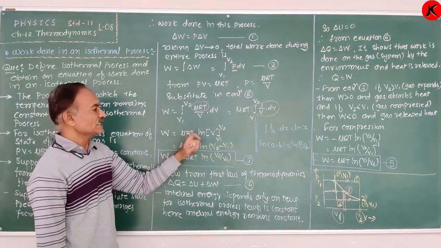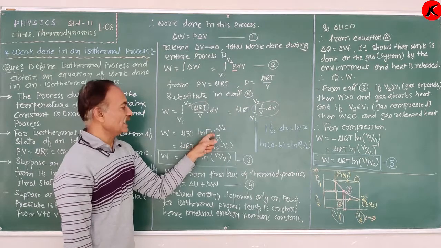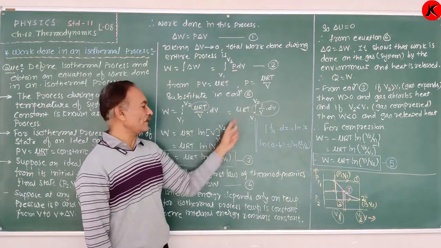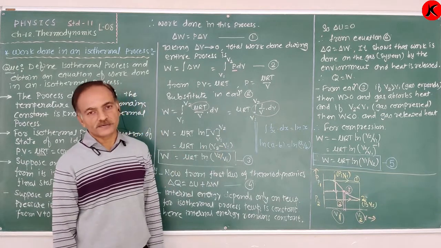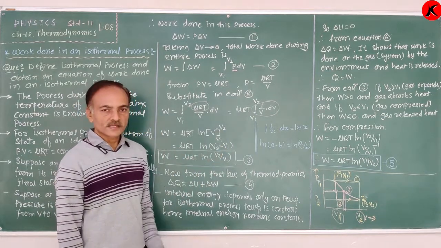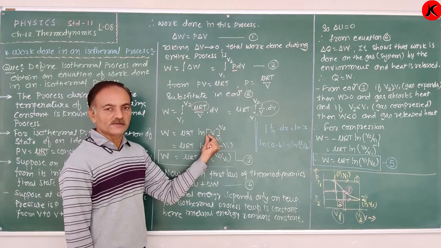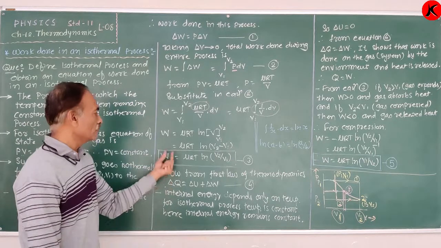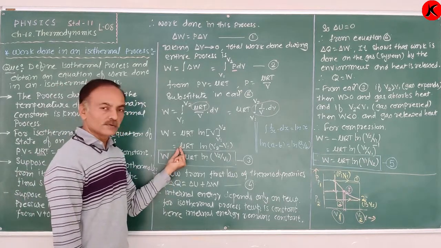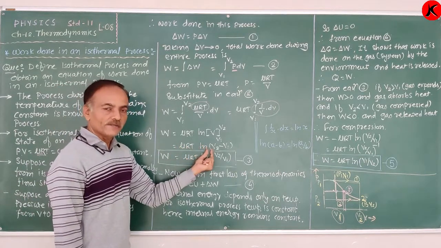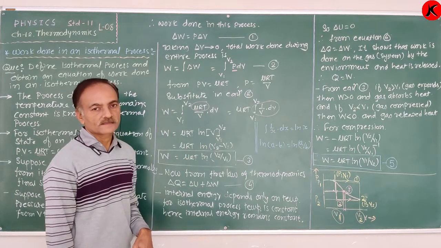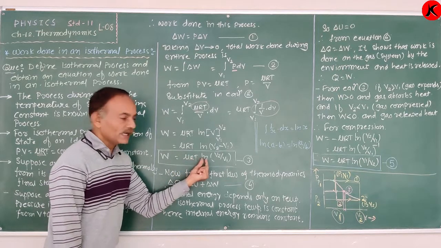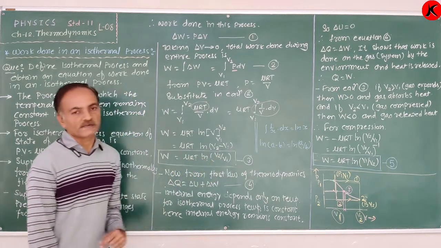So mu RT as it is, and the integration of this is ln V, with the limits of volume from initial to final, V1 to V2. First we substitute the final value and the initial value is subtracted from this. Therefore, W is equal to mu RT ln V2 minus ln V1.